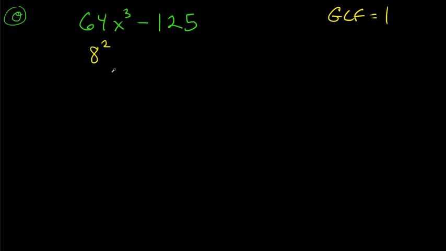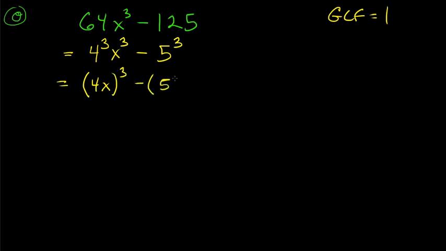So we don't want to think of 64 as 8 times 8. We want to think of it as 4 times 4 times 4, in other words, 4 to the power 3. Likewise, the 125 is also 5 times 5 times 5, or 5 to the power 3. So this is 4x, the quantity cubed, minus 5, the quantity cubed.